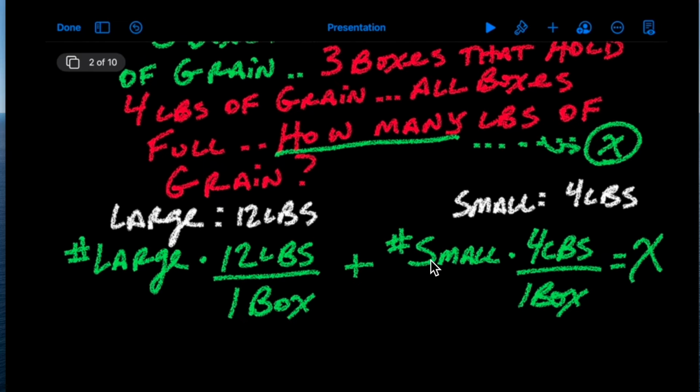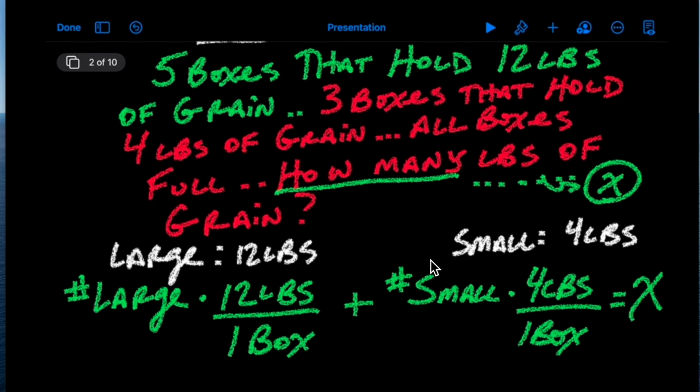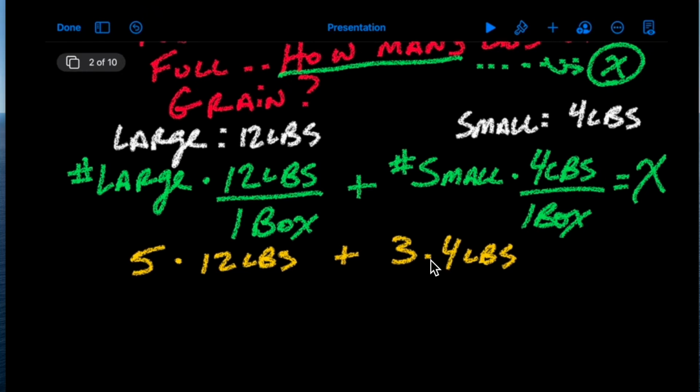Okay, so if we fill this in, we have 5 large boxes times 12 pounds per box plus 3 small boxes times 4 pounds each. That's going to give us 60 plus 12, or a total of 72 pounds.